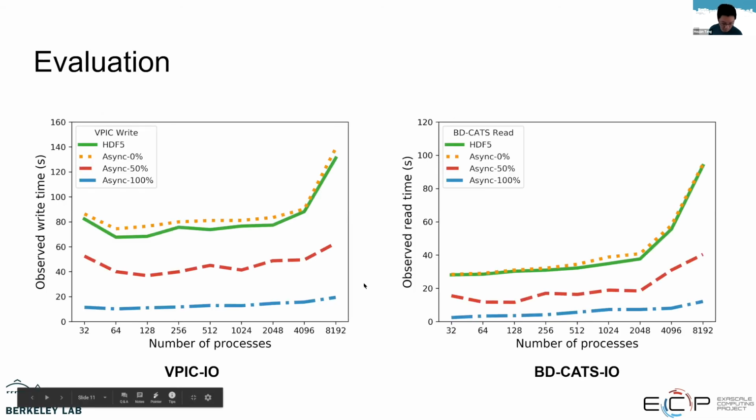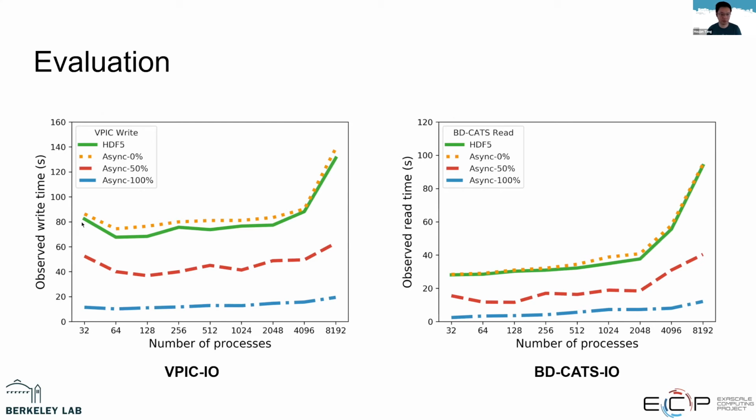So some evaluation. Here, I'm showing the results of two applications. One is called Async IO, where each process writes 256 megabytes of data to a dataset in the HDF5 file. And here we compare 4 different cases, where the original one is the green line.